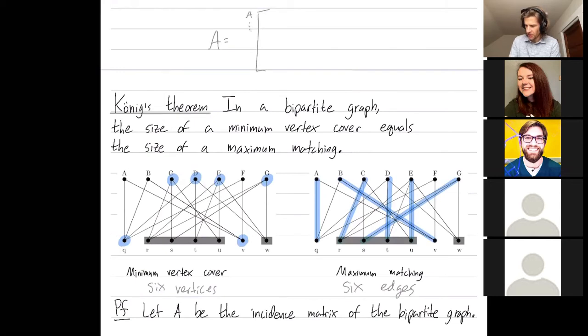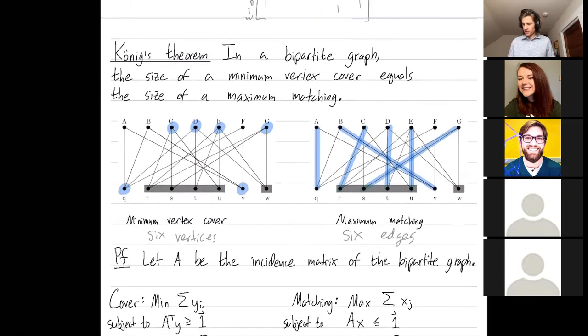So A, B, all the way up to G, and then Q, R, S, all the way up to W. And then I have the edges along the columns, E1, dot, dot, dot, all the way up to E_S. Okay, and then all of the entries are 0s and 1s, and you'll remember I have exactly 2 ones in every column. This matrix is totally unimodular, and we'll use that to our advantage.